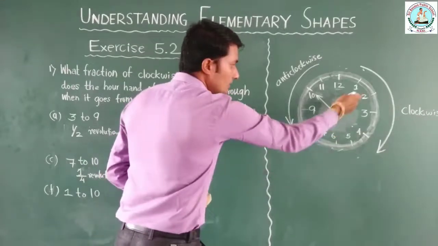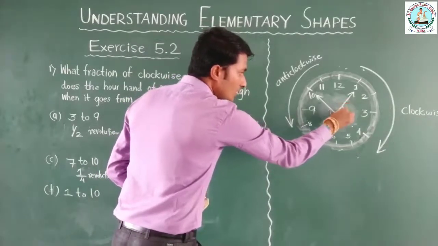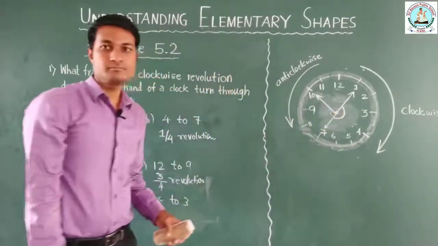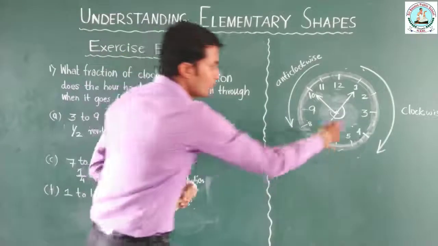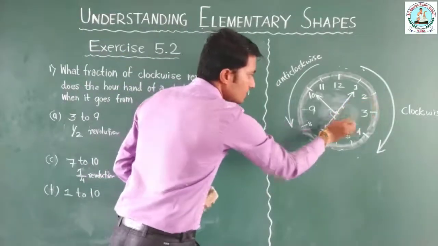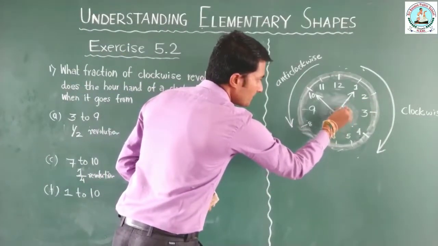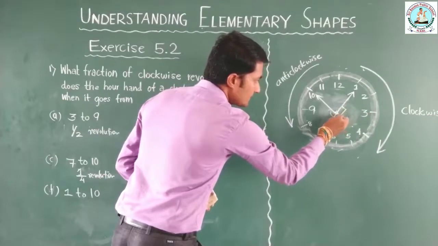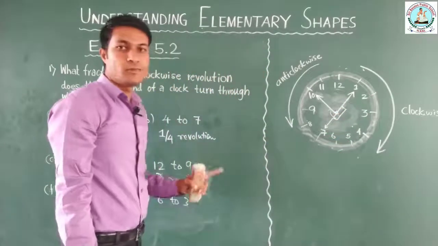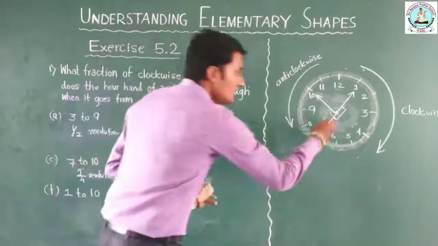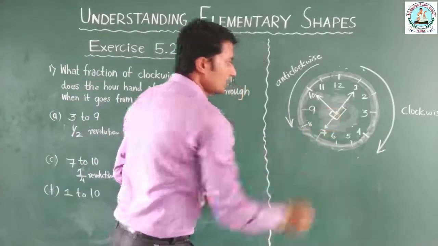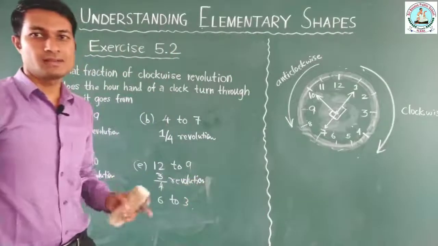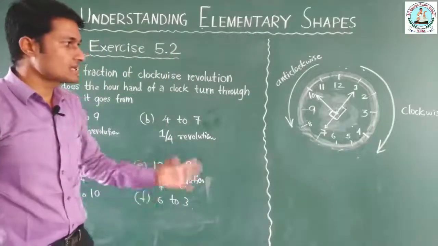So this shows that from 1 to 7 it is how much? A straight line always represents 180 degrees. So from 1 to 7 it is 2 right angles. See here, this is the first right angle and this is the second right angle, 180 degrees. From 7 to 10 is another right angle. So totally how many right angles has it covered?